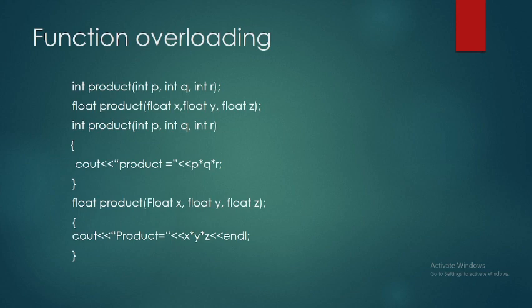Each of them has three arguments, but you can see the types of arguments are different. In the int product, there are three integer arguments and the output will be p into q into r. In product float, there are three arguments of float type and you will get x into y into z. So whenever you create an object or pass a function with these arguments, it will be compared to whichever matches, and that part of the code will be executed.